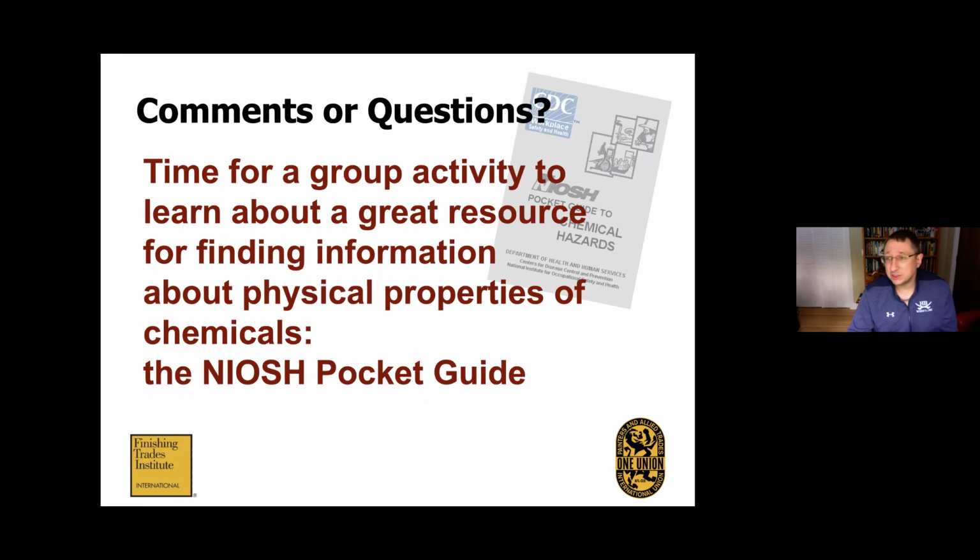All right, any comments or questions? We covered all the stuff that I wanted to. Hopefully, we had enough examples and discussion about how this stuff directly relates to worker protection. If there's no question, we're going to get into the activity. We're going to look at the pocket guide here.